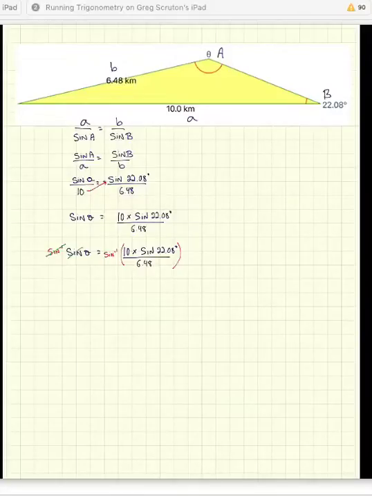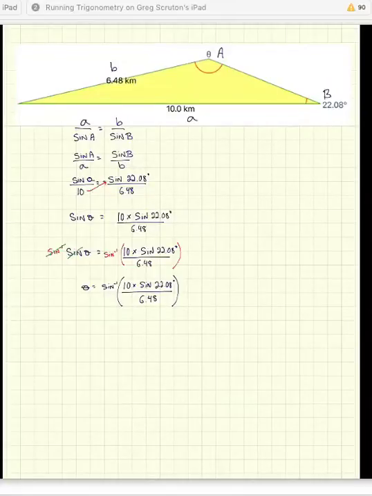So we end up with theta is equal to the inverse sine of 10 times the sine of 22.08 degrees divided by the 6.48 kilometers.